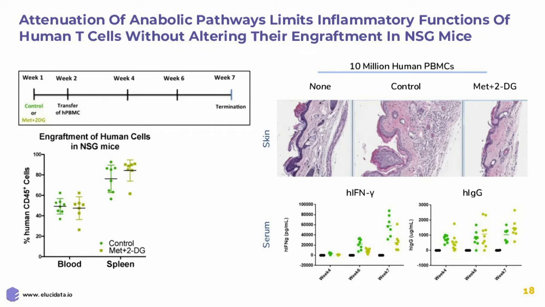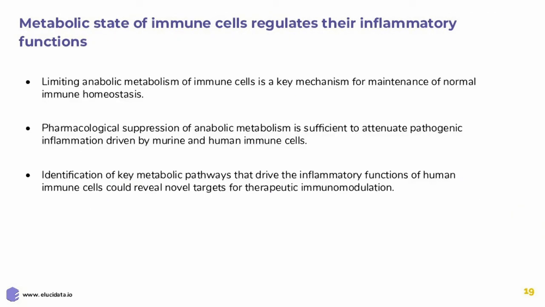So essentially, if I were to summarize some of the data that I have shown you so far, we were able to demonstrate that the metabolic state of immune cells really drives their inflammatory functions. And if you pharmacologically suppress this anabolic metabolism through use of molecules such as metformin and 2-deoxyglucose, you can actually attenuate the pathogenic inflammation driven by both murine and human immune cells.